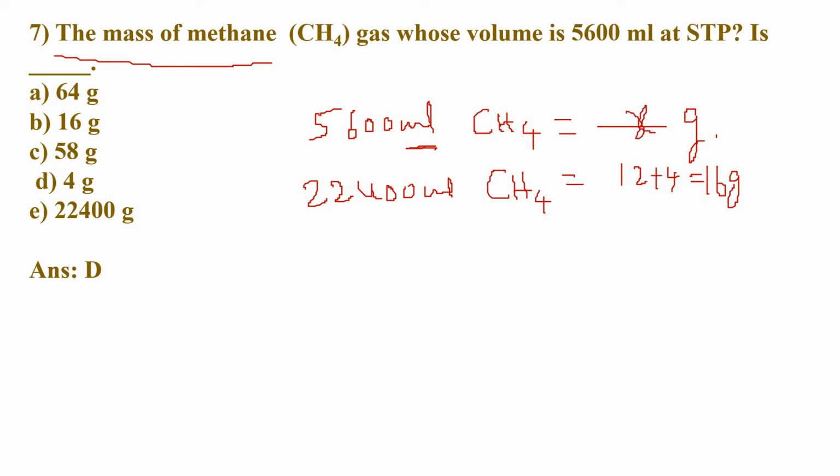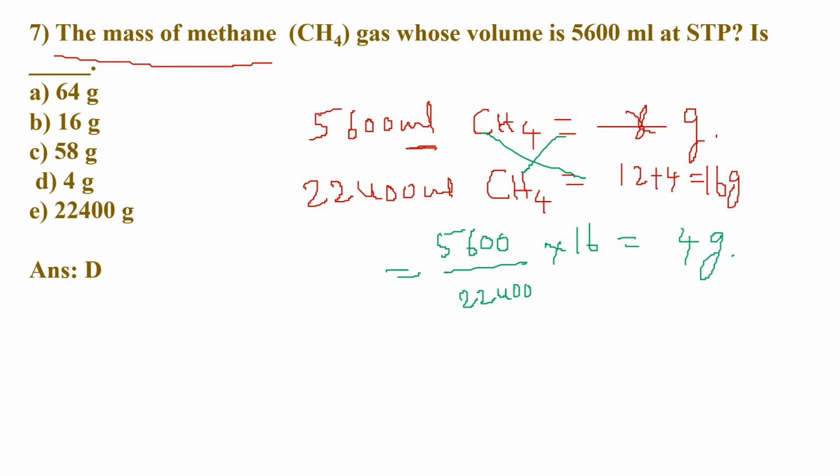So how much does this much contain? Using the crisscross method, 5,600, the given ml volume, divided by 22,400 ml into 16 grams. Then you will get 4 grams. Answer is D, the right answer.